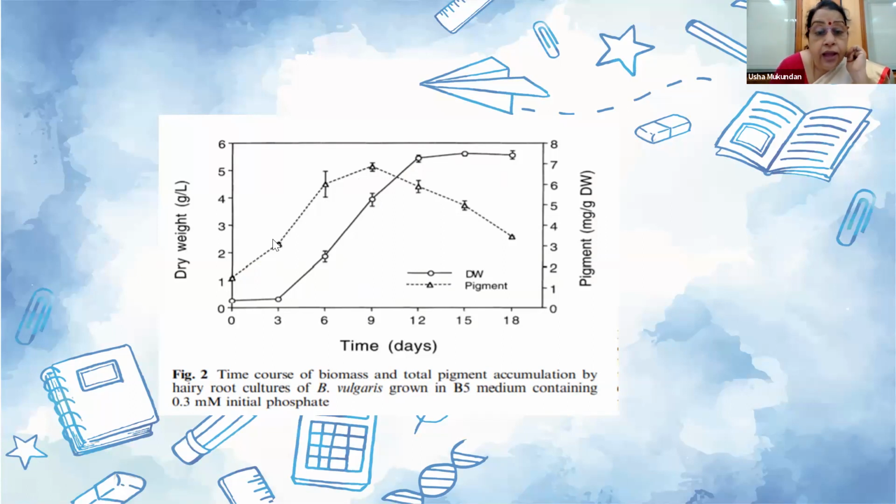Now, as you can see, in the logarithmic phase there is accumulation of betalain, but once the root achieves the stationary phase, there is a rapid decline or the pigments get degraded. So the best time to have maximum production is in the first 12 days.